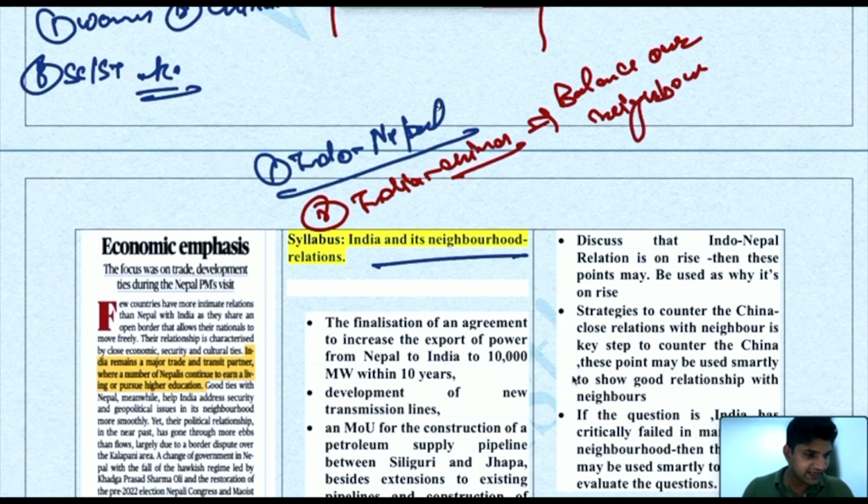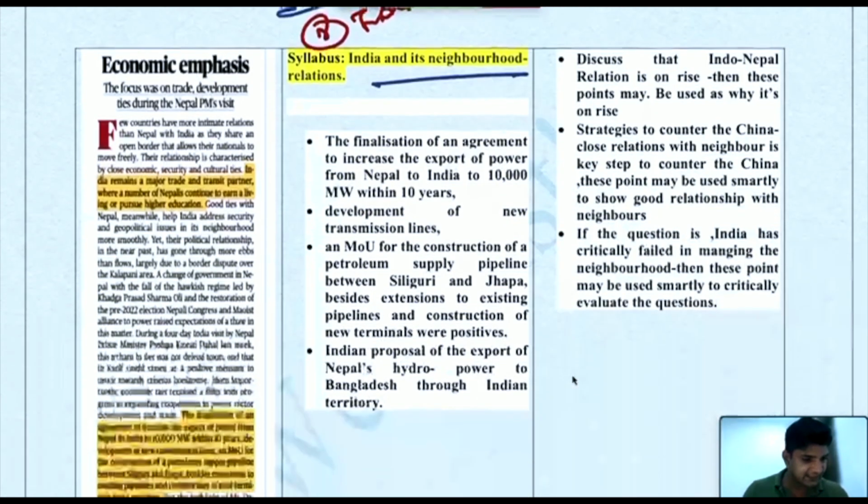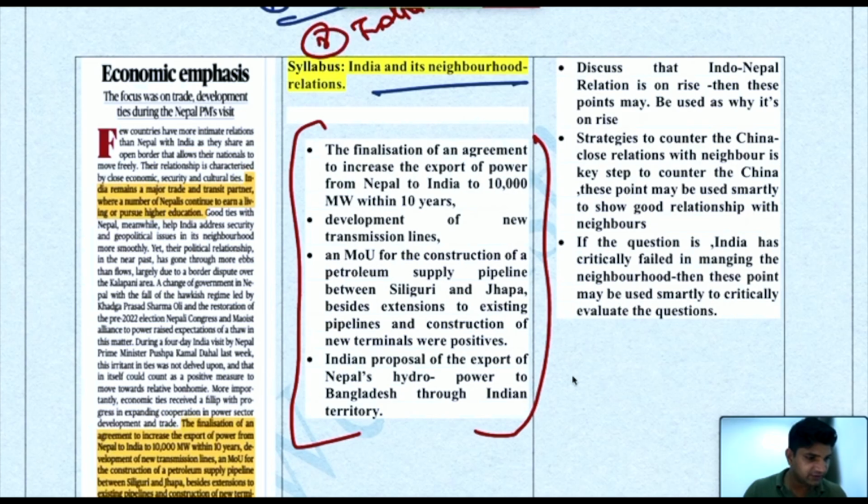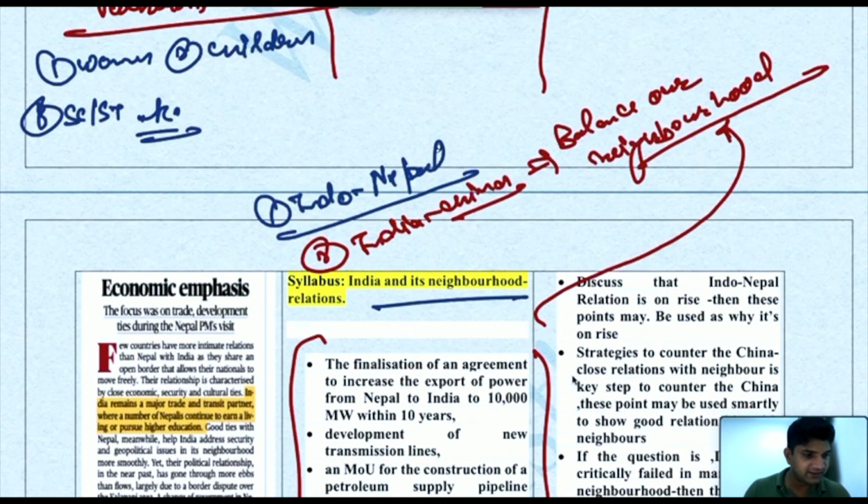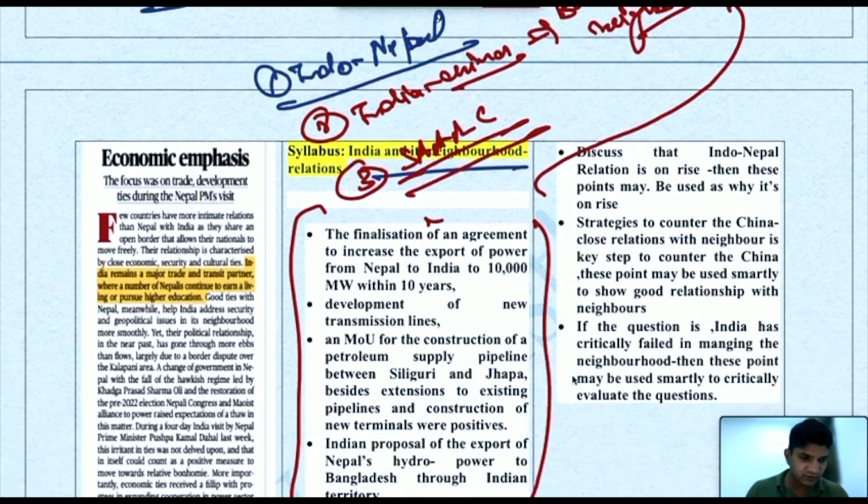You can straight away write these subheadings, and you can explain further once you know the subheading. So balance of our neighborhood, and these agreements which India has signed are all efforts to balance our neighborhood. If a question comes related to SAARC, there also it can be used.